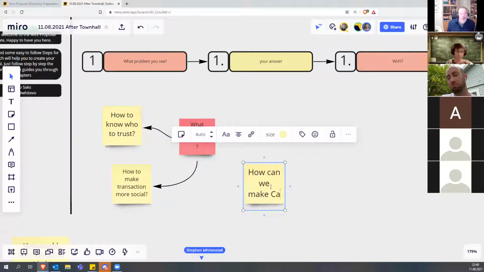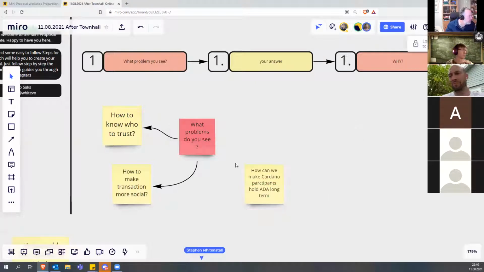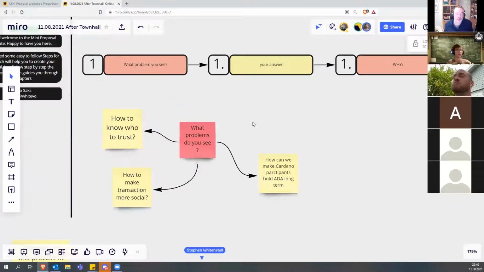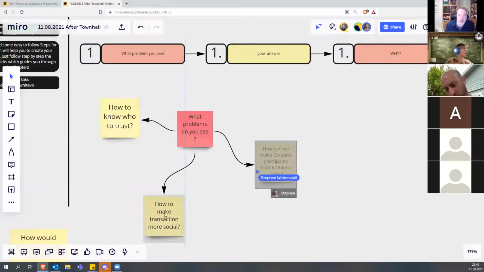I don't know if that was a little long, but on a very small scale, it's how can we create an ecosystem that promotes long-term holding of Cardano projects by allowing you to leverage it. Okay. Like a rewards program, it sounds like. That's projects, not participants, is it? Okay.